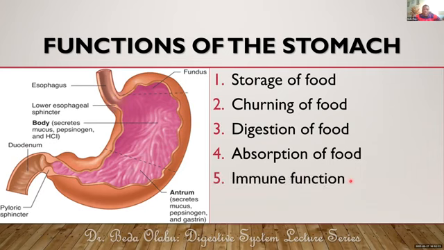Stomach also has immune functions. Think about the acid within the stomach. It's able to kill as many germs as possible. And the stomach also produces some substances, one important one being the intrinsic factor, which promotes the absorption of vitamin B12.